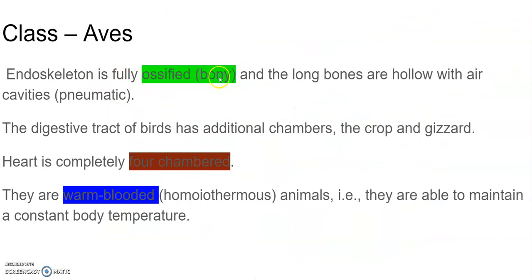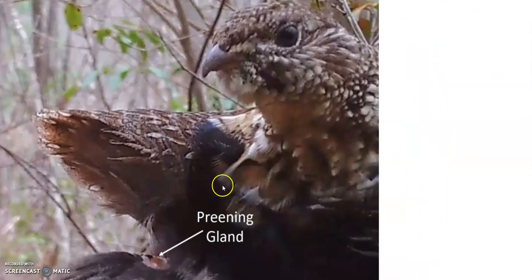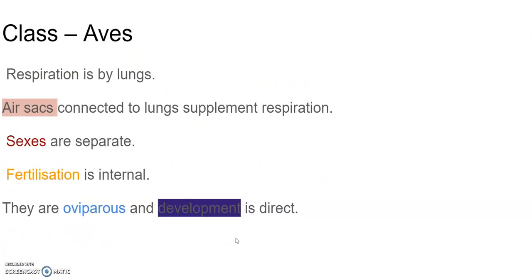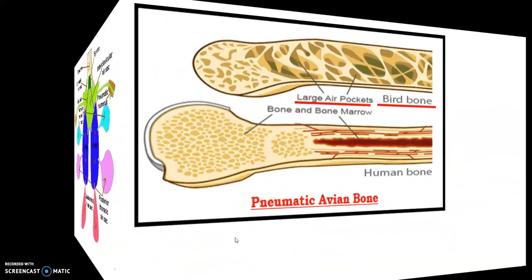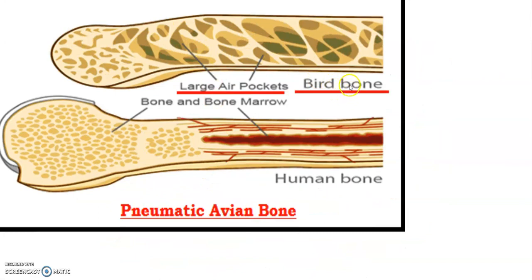The endoskeleton is fully ossified, that means bony, and long bones are hollow with air cavities. You can see one gland here at the tail, the oil gland, which is called the preen gland. If you observe the bone of a bird and the bone of a human being, you can observe a structural difference.